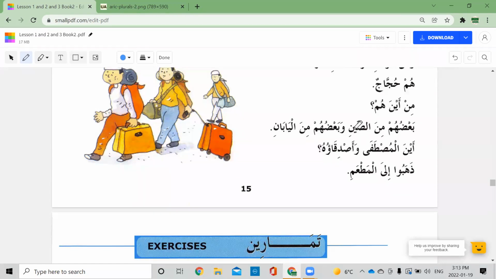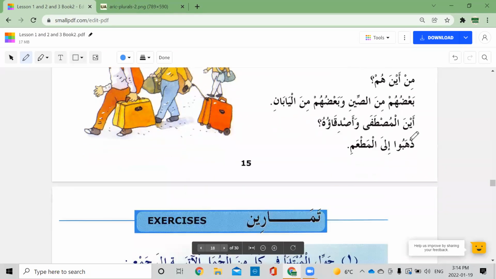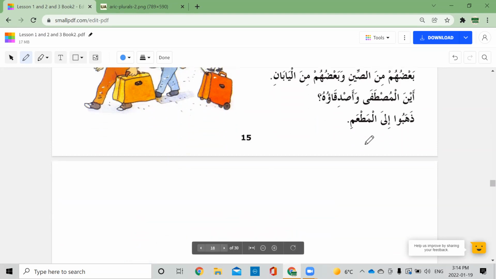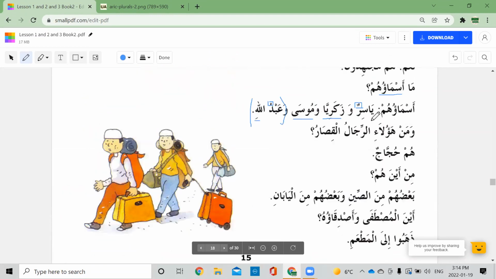Some of them are from China and some of them are from Japan. Ainal Mustafa wa Azdikauhu? Where are Mustafa and his friends? Dhahabu ilal mat'ami. They went to the restaurant. Restaurant, yes, that's correct. Jazakallah khair.